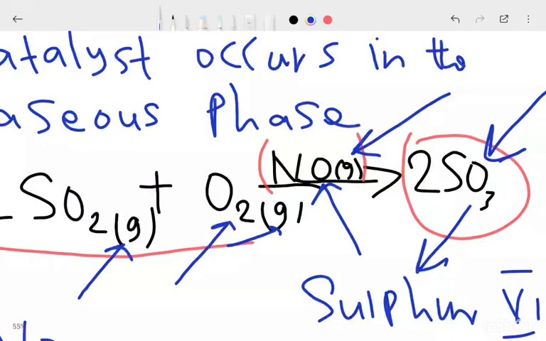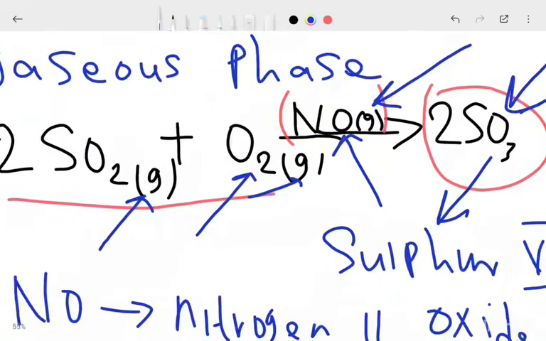Repeat, nitrogen 2 oxide, because in the exam they will ask you these questions. That's why we have a lot of formulas, a lot of chemical reactions that you use for different types of catalyst. Get me. So the oxidation of sulfur 4 oxide to form sulfur 6 oxide, the catalyst used is nitrogen 2 oxide.